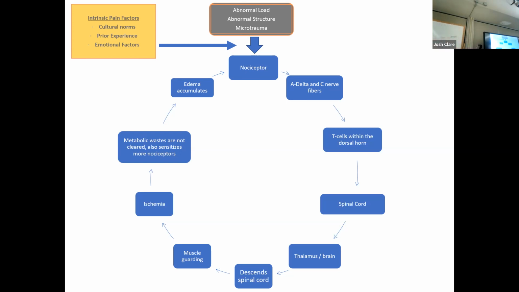So with thermal ultrasound, I think we're definitely getting to the muscle guarding, getting to the ischemia. That's wonderful. Anything else? So we did talk about non-painful stimulus.